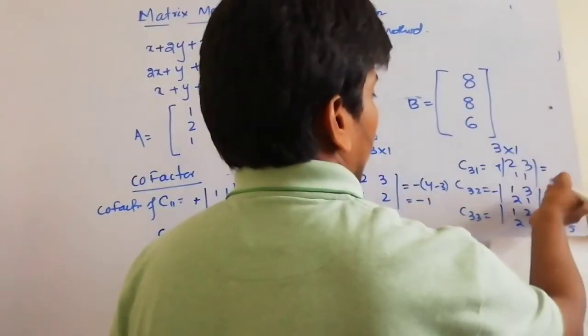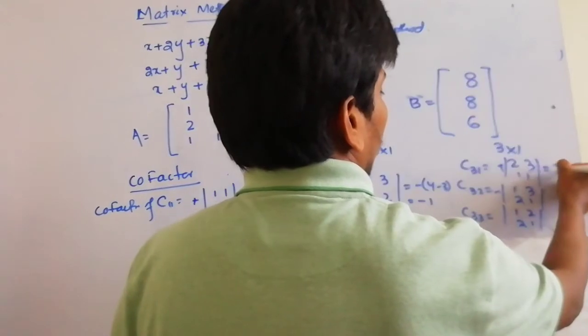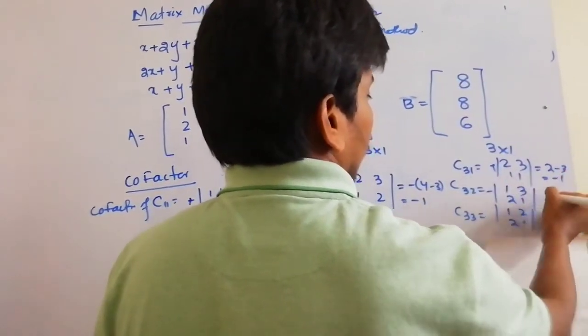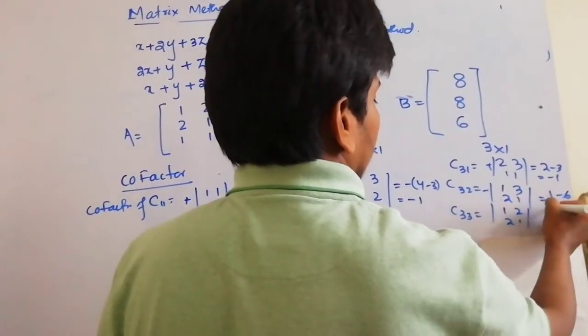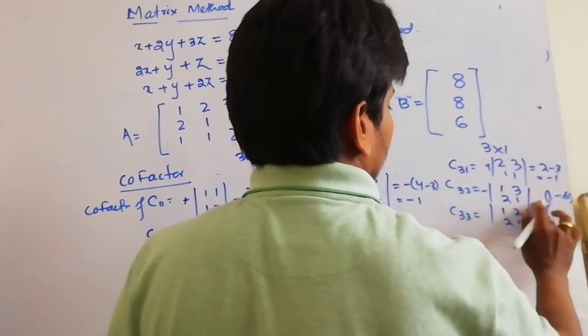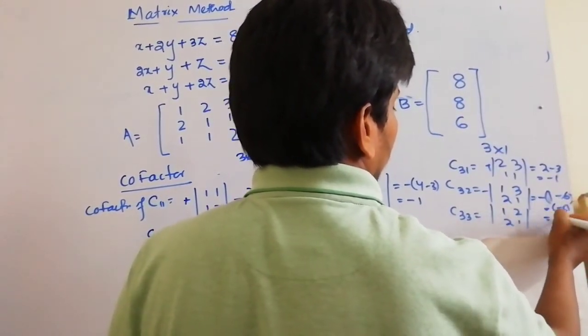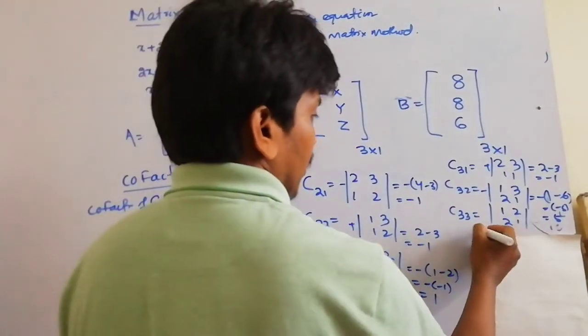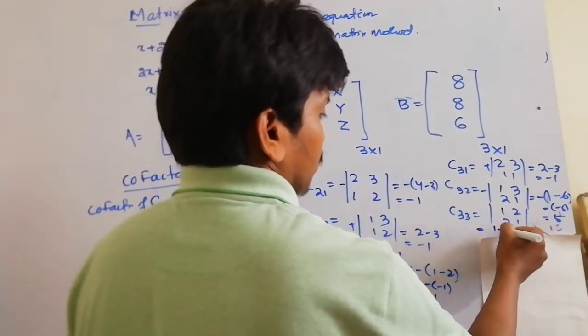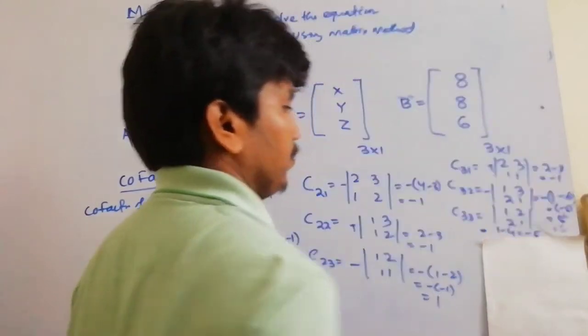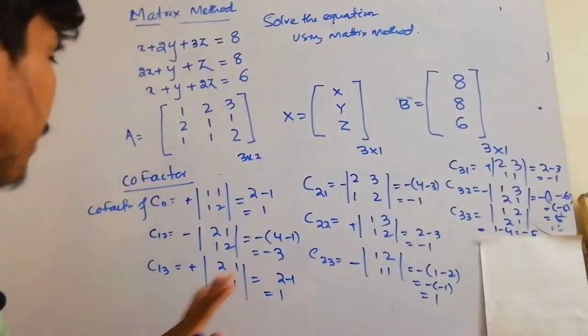Here, 2 minus 3 is minus 1, and 1 minus 6, before there is a minus, so minus of minus 6 is plus 5. Here 1 minus 4, that is minus 5. So here is the cofactor matrix.